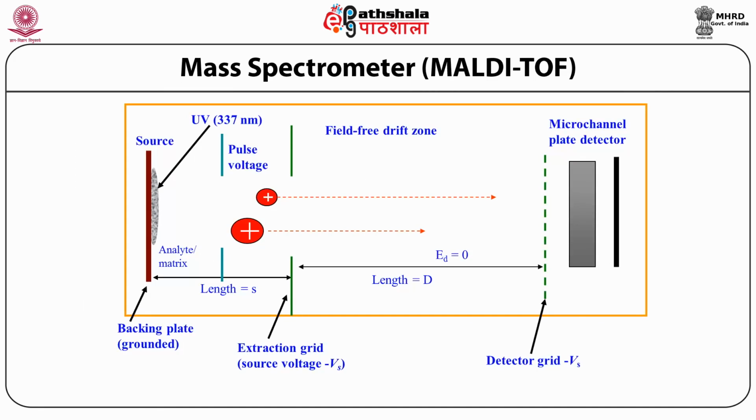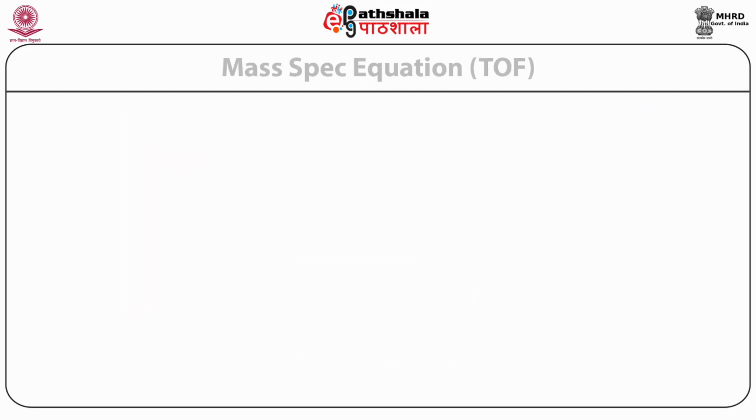Slide number 18 shows the combination of a MALDI ionization source and a time of flight mass analyzer, in which you will find the source is getting energy from UV light of 337 nanometers, and the samples are irradiated to form positive ions, which are then analyzed in the time of flight mass analyzer and lastly detected on microchannel plate detectors.